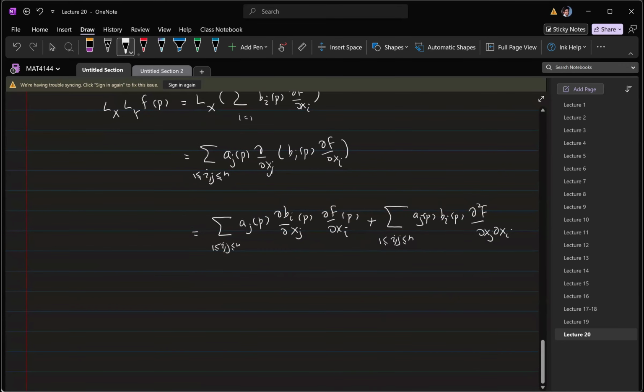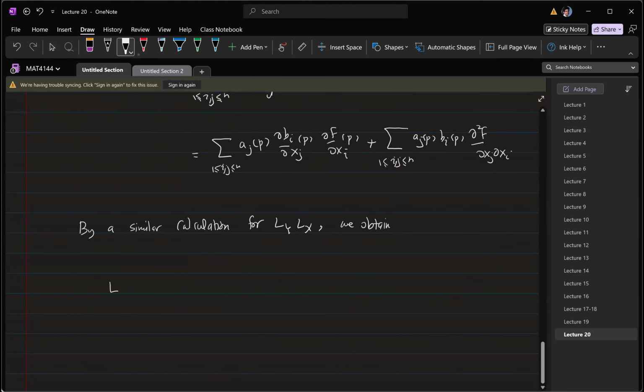By a similar calculation, we obtain that this term minus the one with the roles of a and b switched.